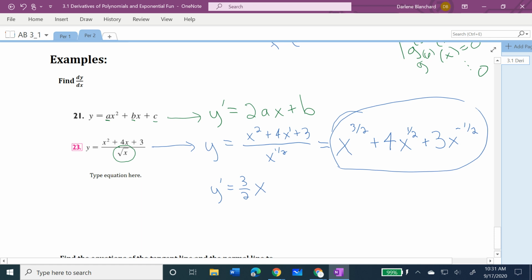And carefully do fractional arithmetic. 3/2 minus 1. 4 times 1/2. 1/2 minus 1.